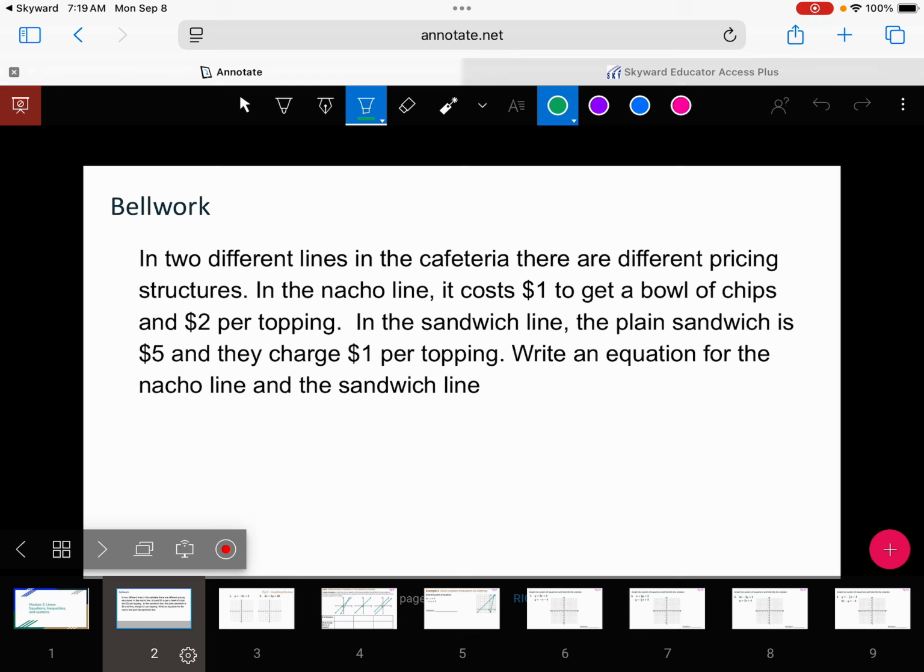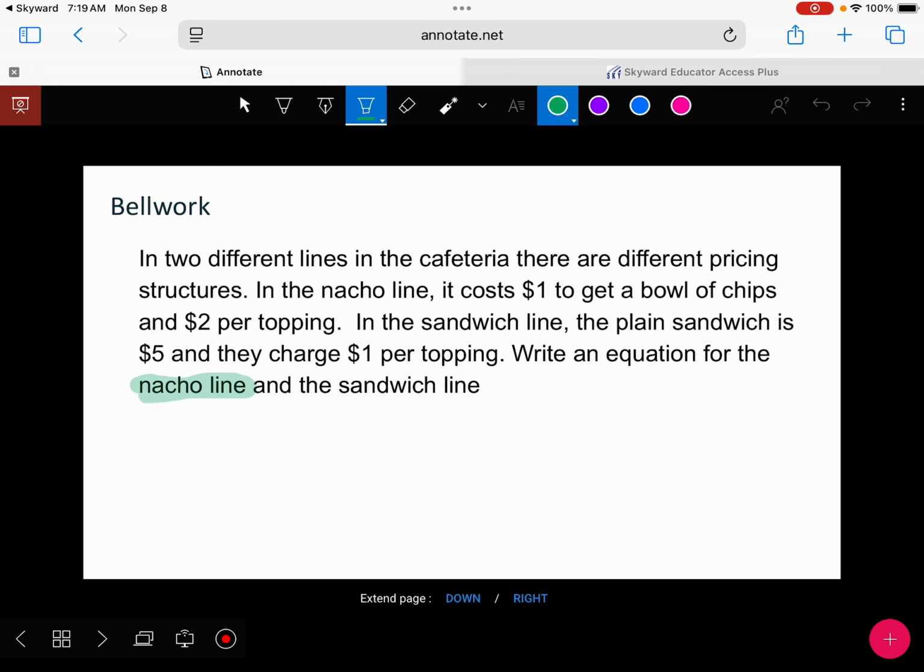So if we think about just the nacho line part, we know it costs $1 to get a bowl of chips, and then $2 for each topping, or $2 per topping. How can I write an equation for that?